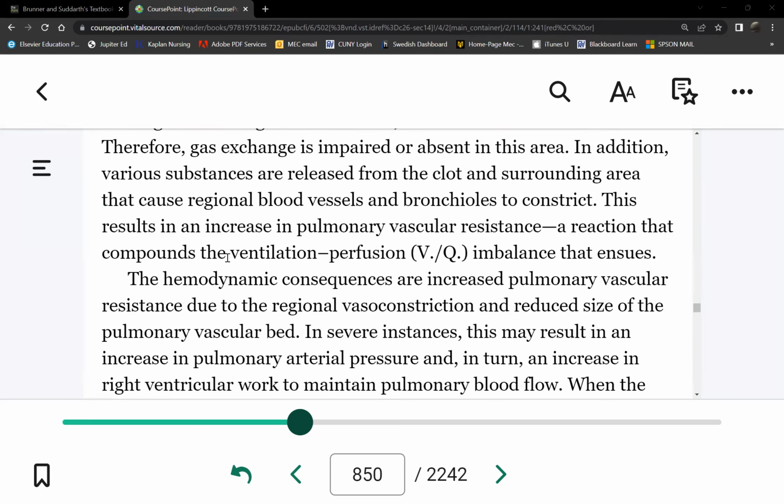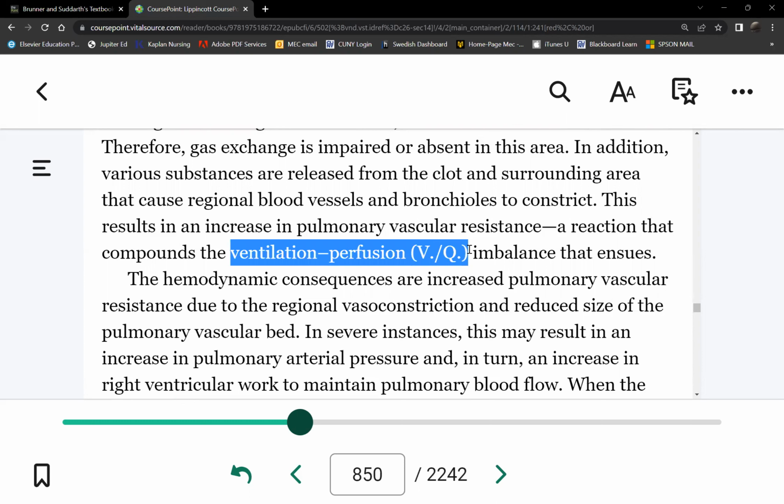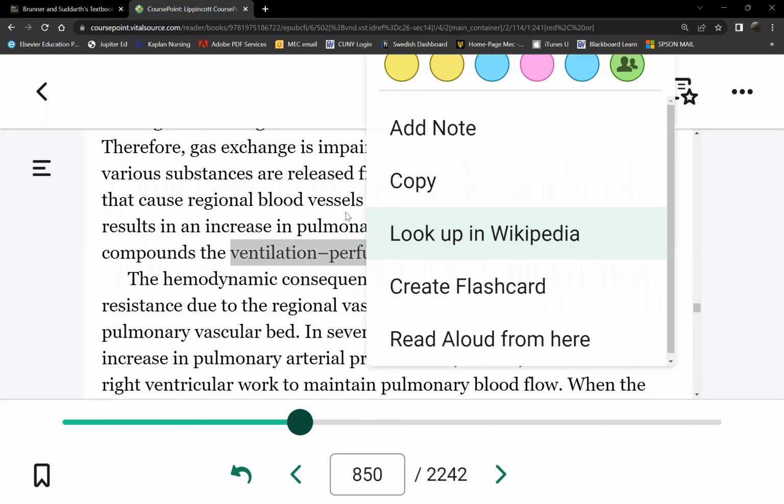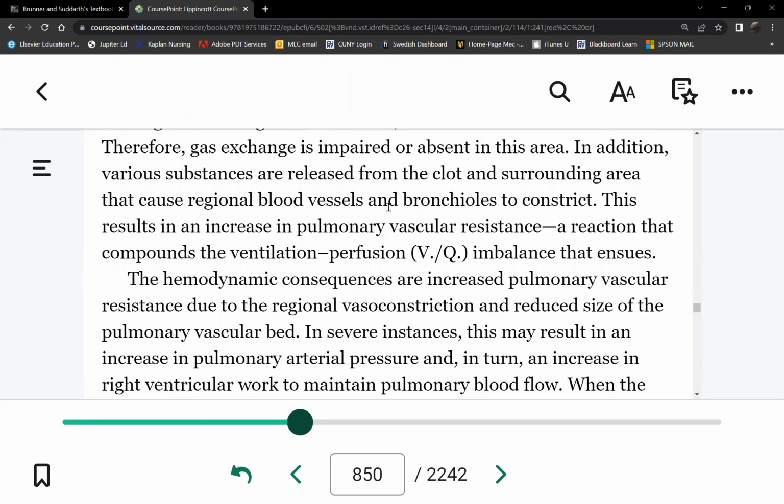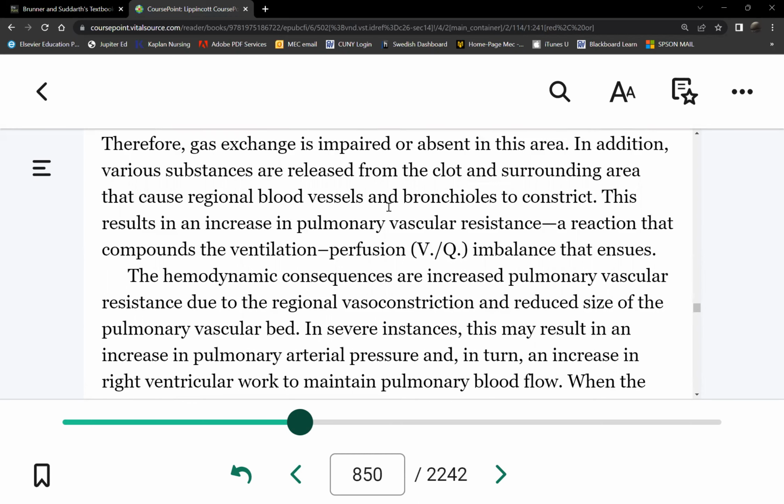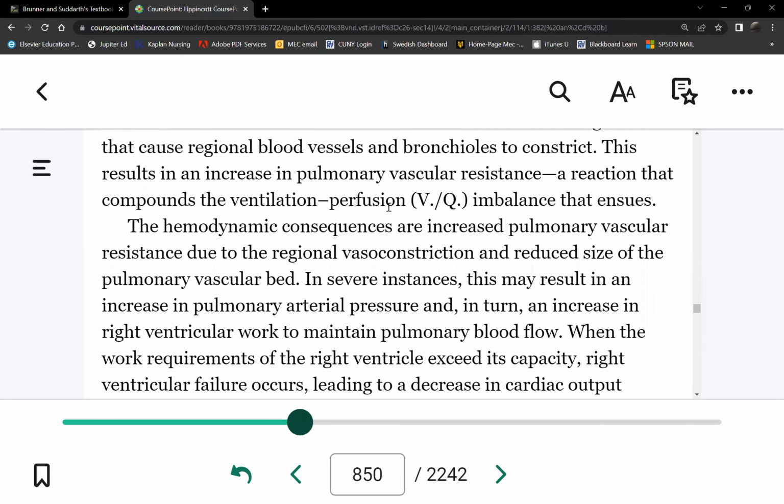So the only other option is to do a VQ scan. It's called a ventilation perfusion scan. It's also under radiology, but under nuclear medicine. So this one uses a radioactive dye. So if we can't give a contrast agent intravenously for fear of damaging the kidneys, we will have to give the patient a radioactive gas to inhale, and then we'll scan the lungs.